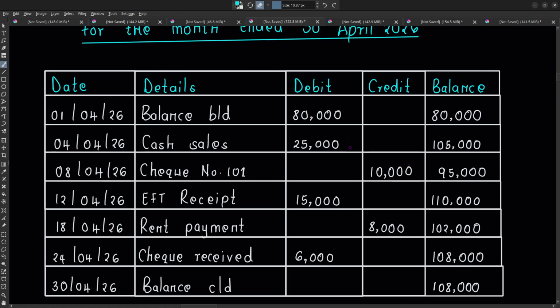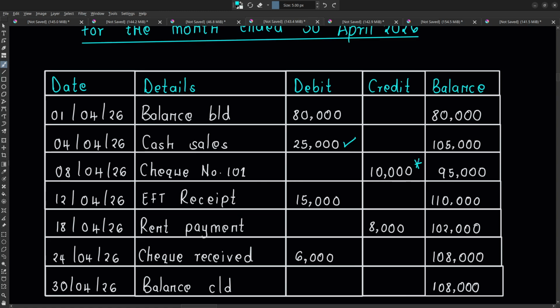We have seen 25,000, and what we've not seen is 10,000. We'll now ask ourselves why we have this in our cash book and it is not in our bank.